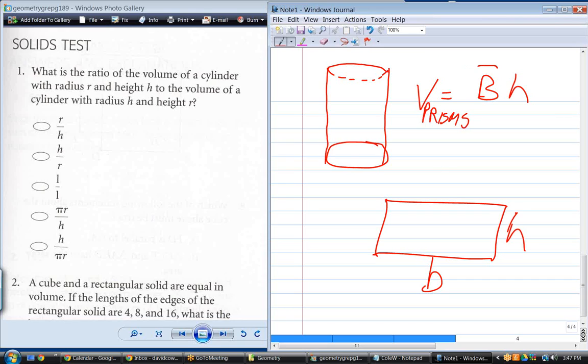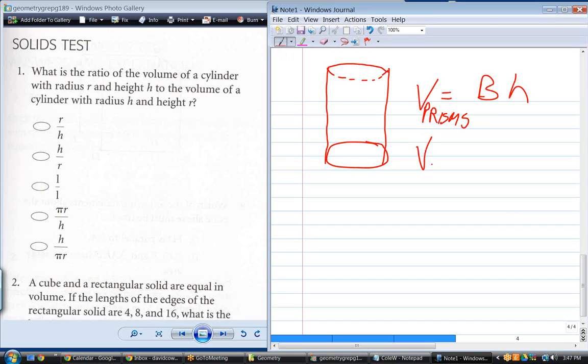Yeah, this B is measured in square inches or square meters. It's not a one-dimensional thing. So I'm even hesitant to use the letter B because people get it confused with the small b. But as long as you know the difference between small and capital, we can use it.